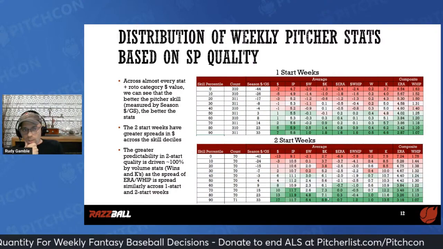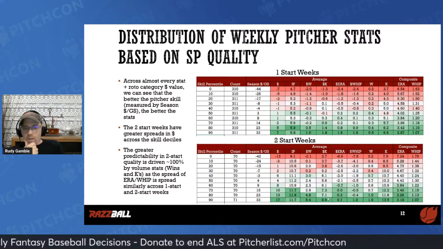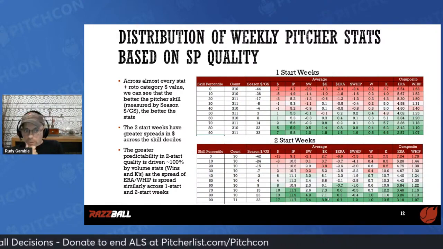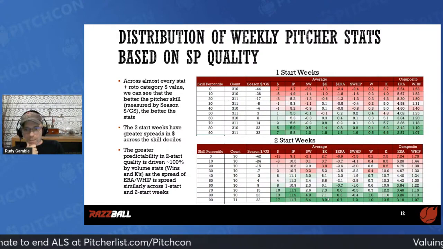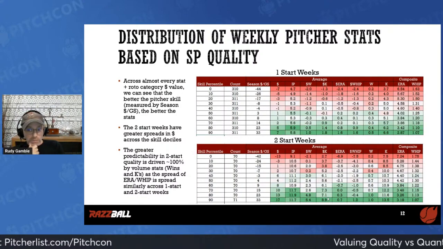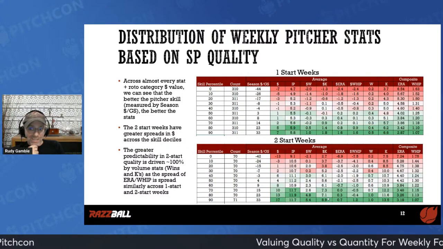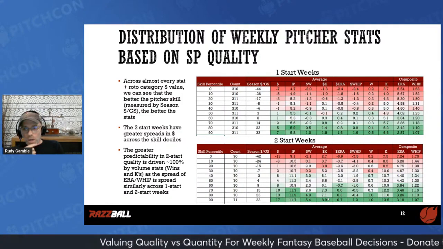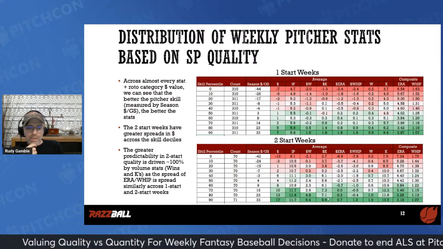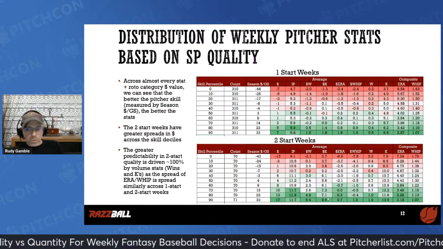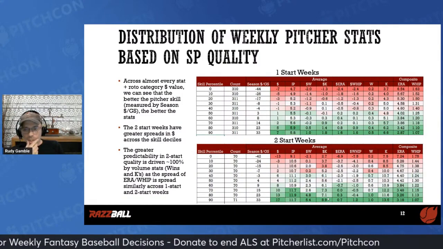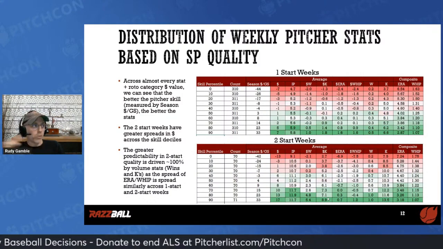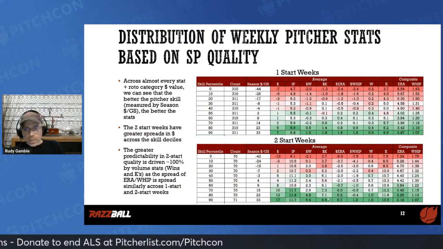The reason why it's more predictable, if you look at the data, is that it's not because of ERA and WHIP. Those ranges are kind of similar if you look at the last two columns, with one-start weeks being a little better, because it's harder to have two great starts on an ERA. So it's not the ERA and WHIP.